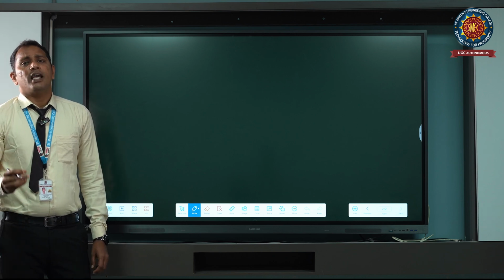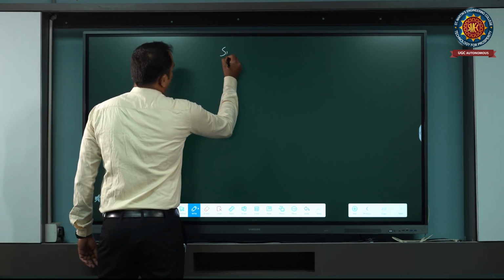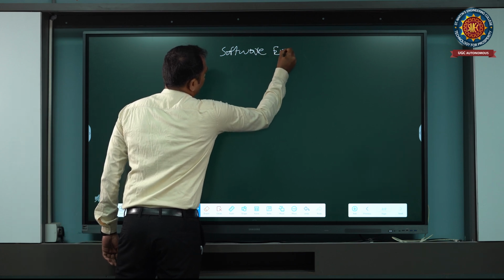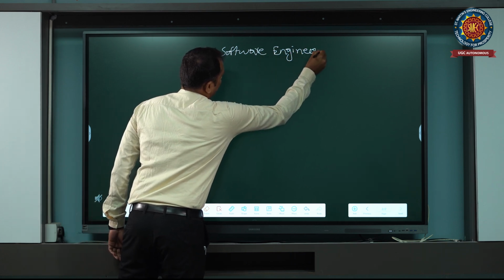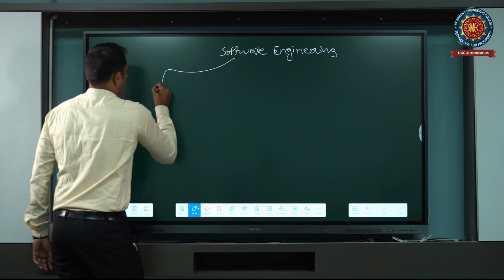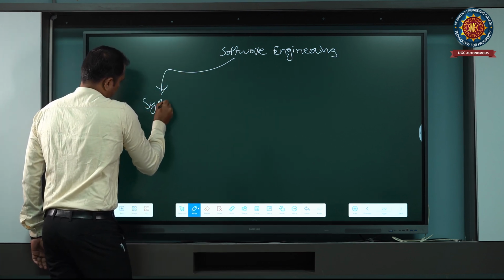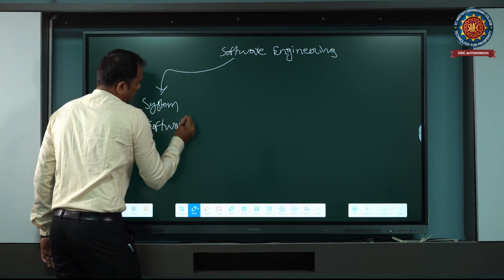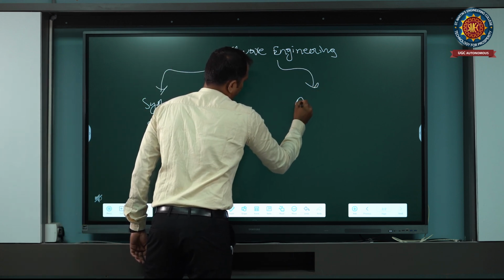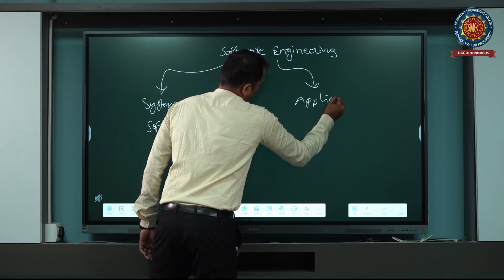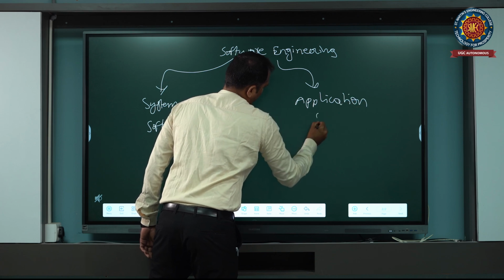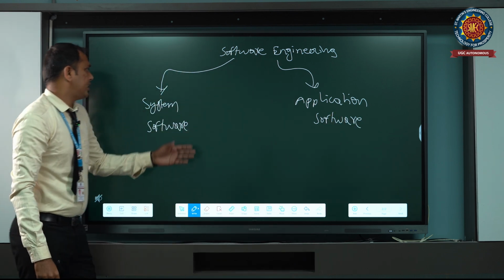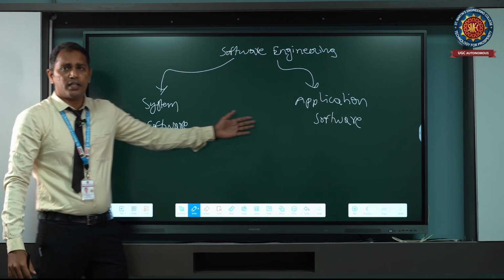In software engineering, we have two types. The first one is system software, and the second one is application software.